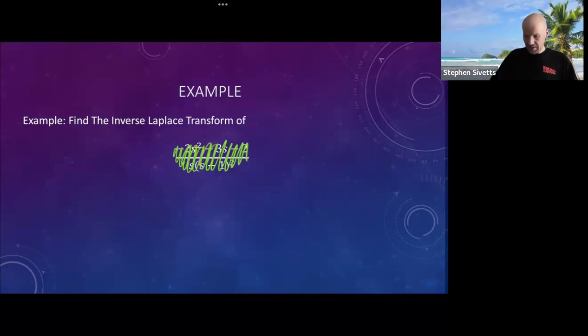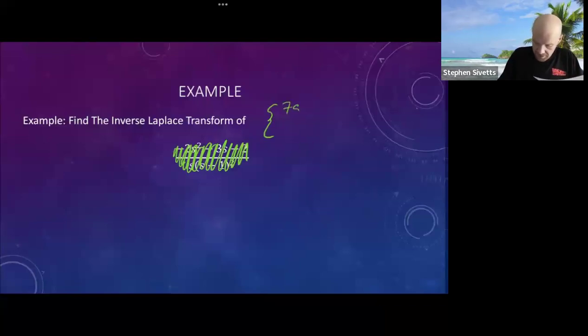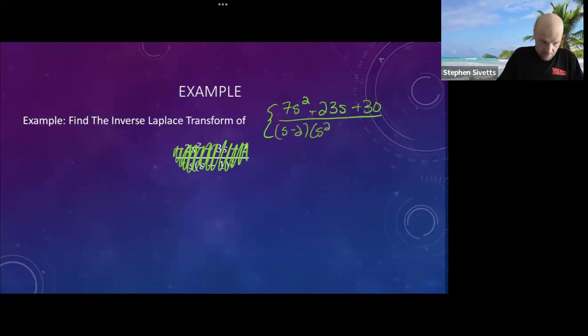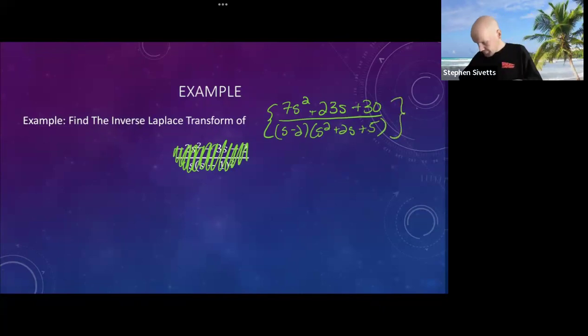All right, so you want to figure out the inverse Laplace transform of 7s squared plus 23s plus 30 over s minus 2 times s squared plus 2s plus 5. Okay. So try to figure this out, because I'm going to solve it in 3, 2, now.